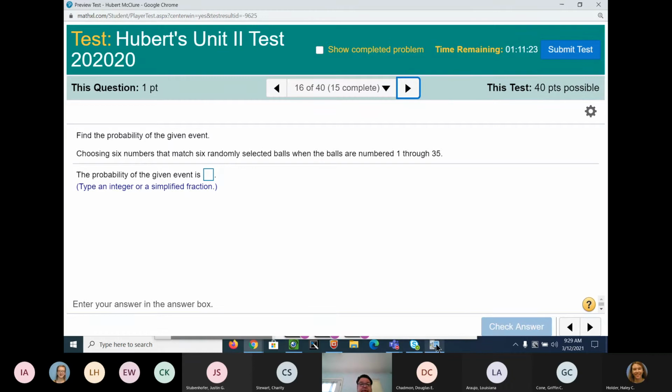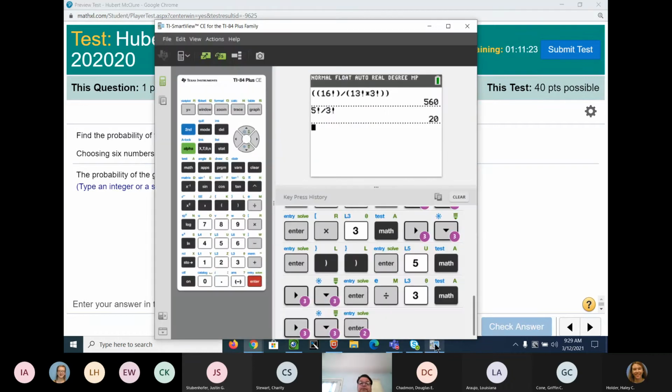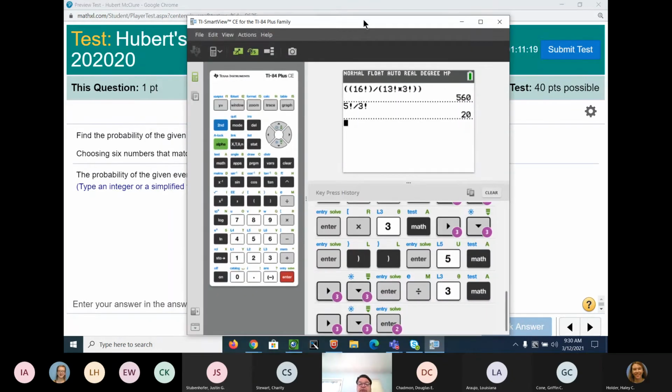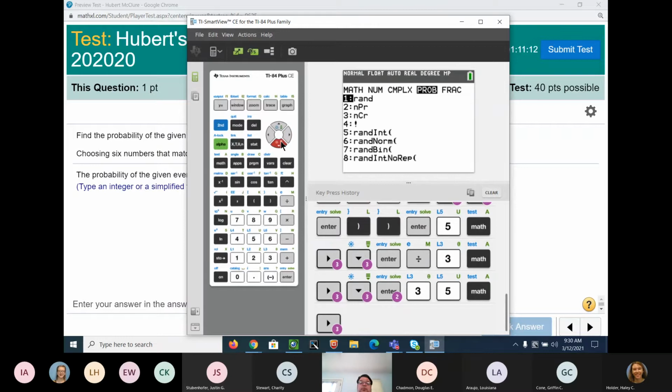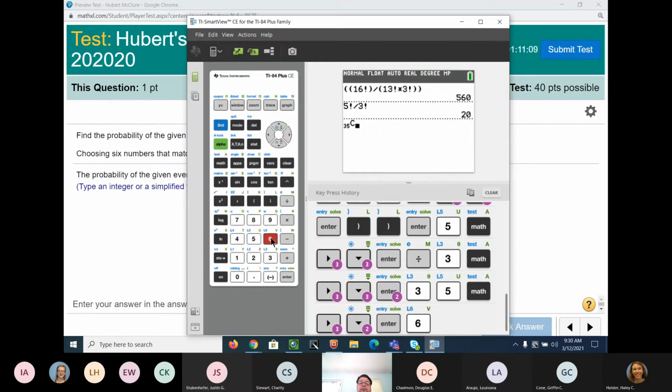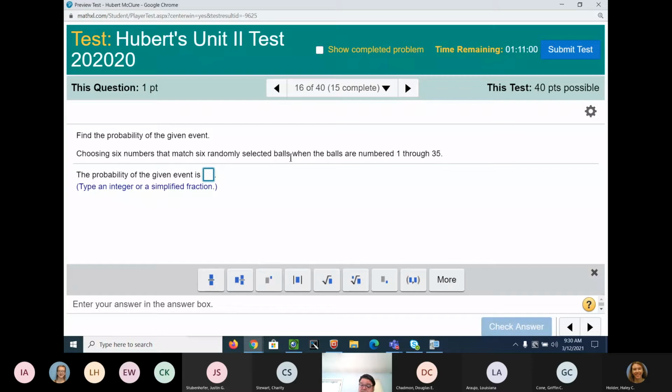Let's see. 35 math combination of 6. And that should be a big number, 1,623,160. Now, I don't think they're asking for a winner. They're just saying the probability.